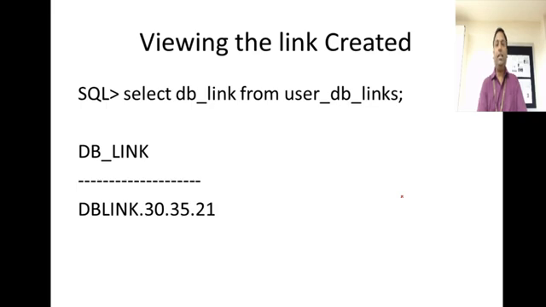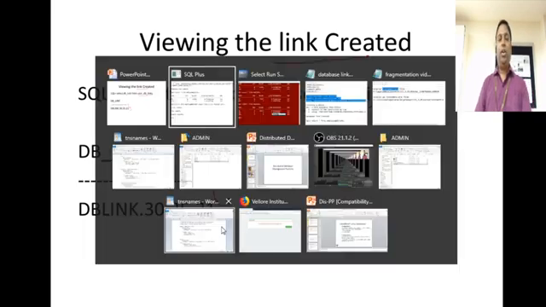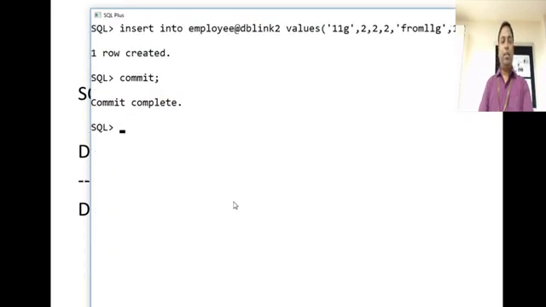After creating the link, you can also view the number of database links you have created by using this particular table, user_db_links. So how many database links you have created, you can find with that table. Say, if I want to know this, describe user_db_links.